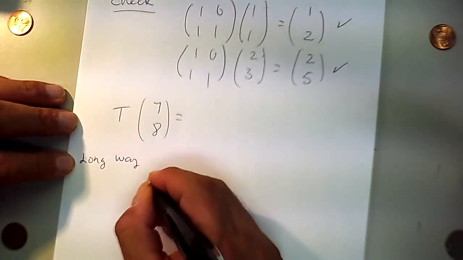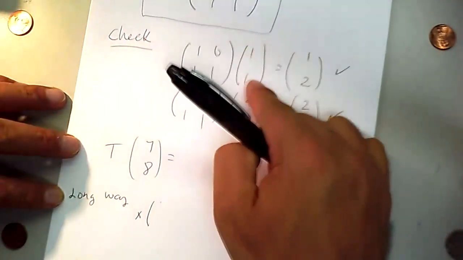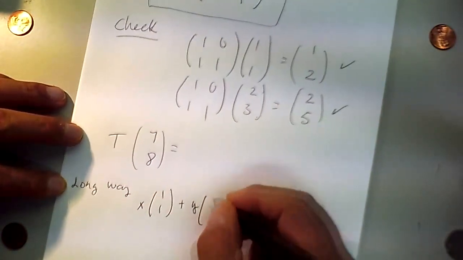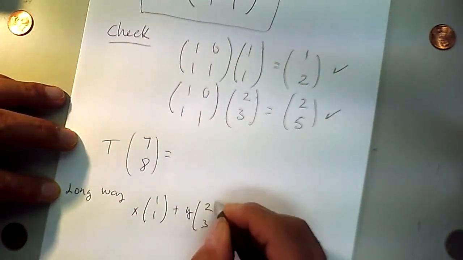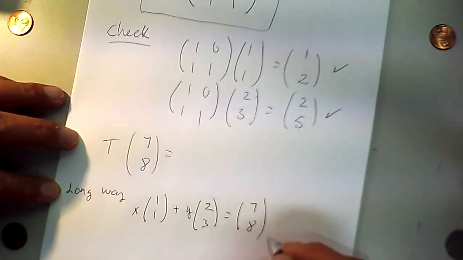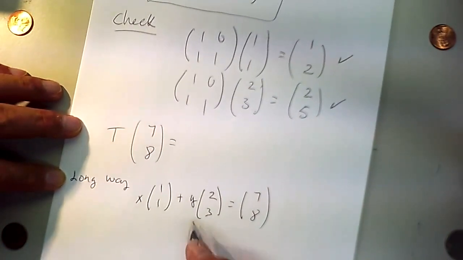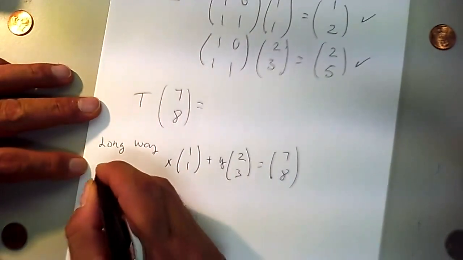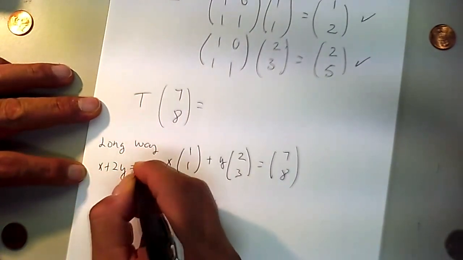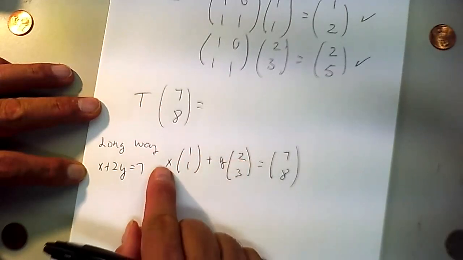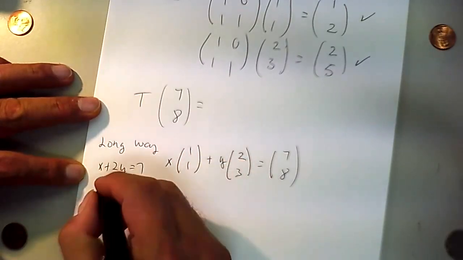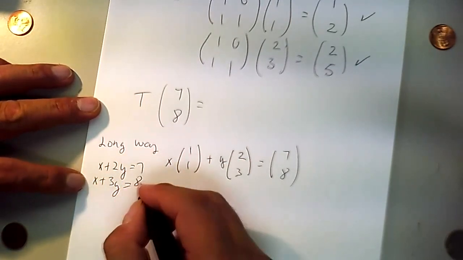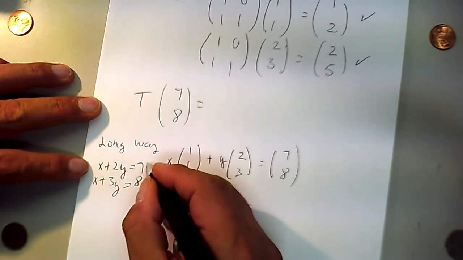Okay, find two scalars, x times (1, 1) and y times (2, 3), that give us (7, 8). That takes a little bit of work. So x + 2y = 7 and x + 3y = 8. Subtract the first equation from the second.